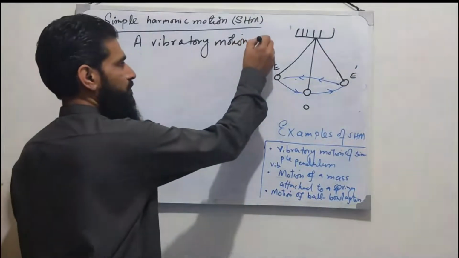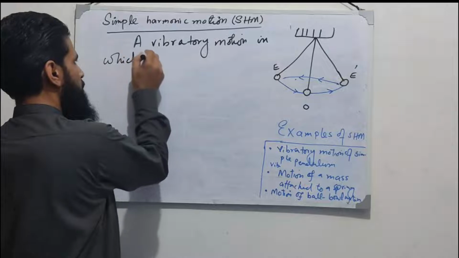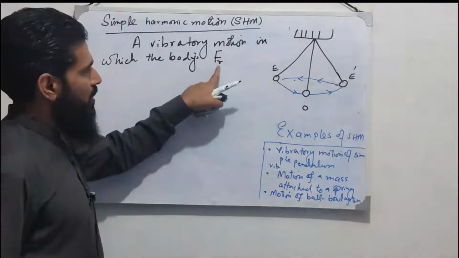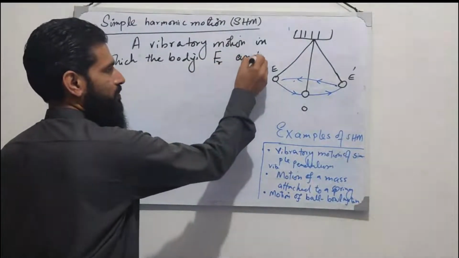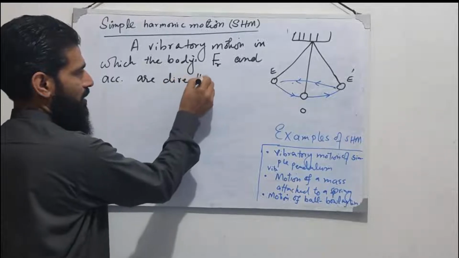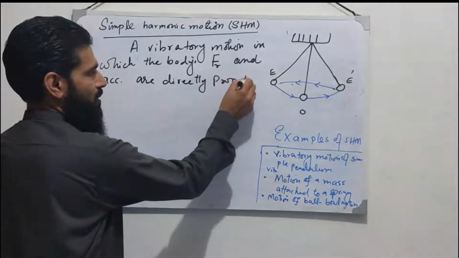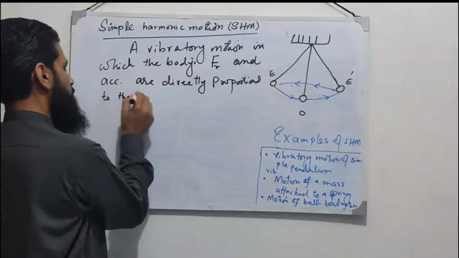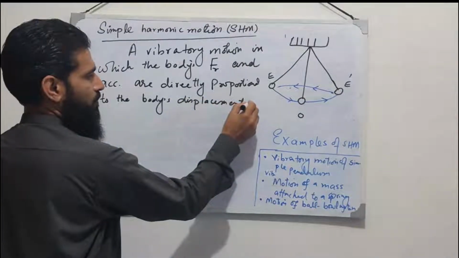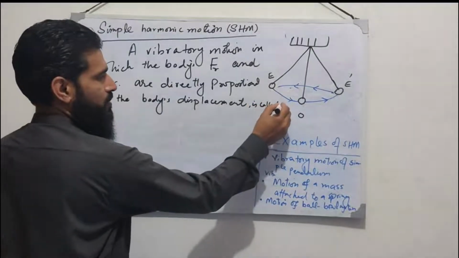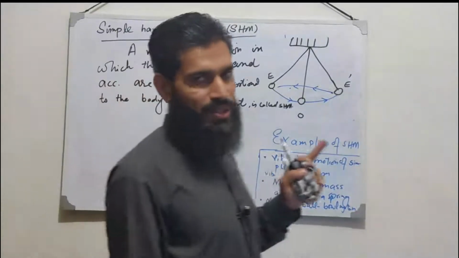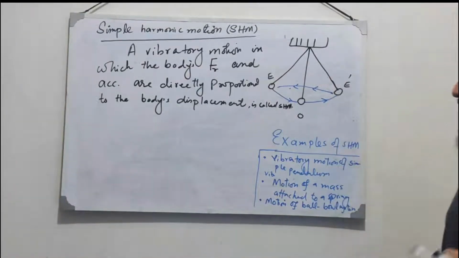A vibratory motion in which the body's restoring force, Fr, and acceleration are directly proportional to the body's displacement is called simple harmonic motion. This is the complete definition.